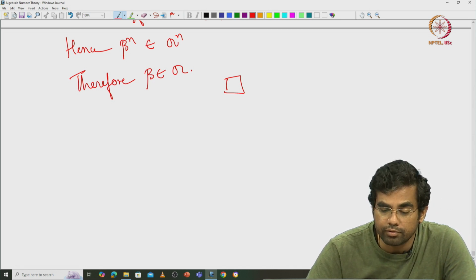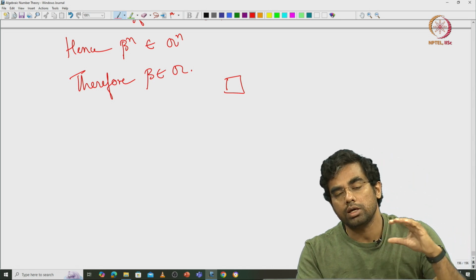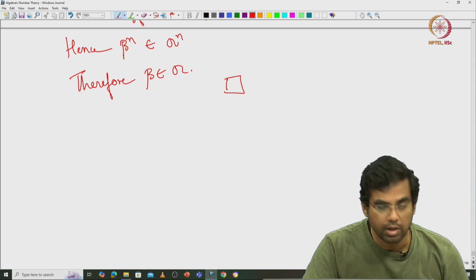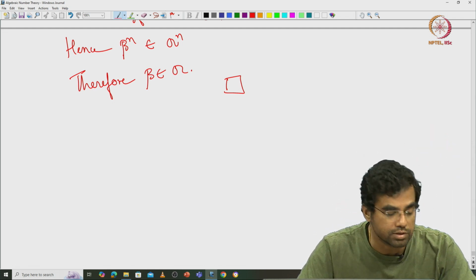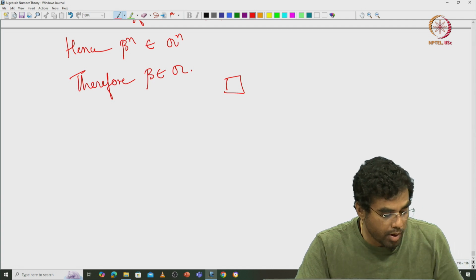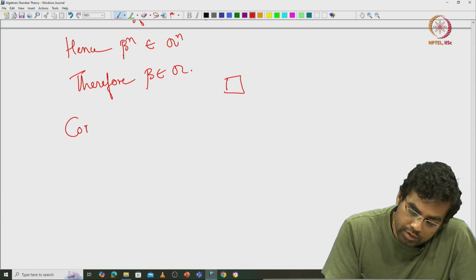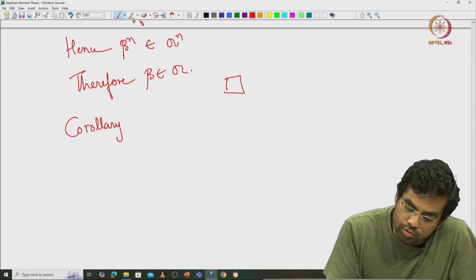So we have proved the lemma that if you take an ideal in the smaller number field, extend it to a bigger number field and then take the intersection with the smaller number field, you get back your ideal. Actually, in the proof we just used the following.